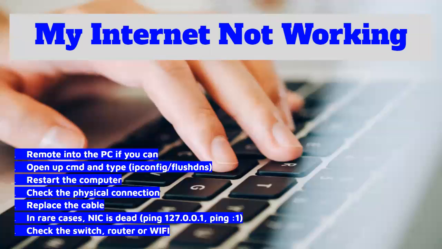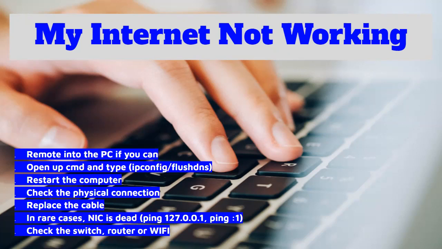Next we can talk about my internet is not working. What happens when someone is having a problem connecting to the internet? First of all, we'll be checking why it's not working. We'll open up a command prompt, try to type ipconfig and at the same time flush DNS.